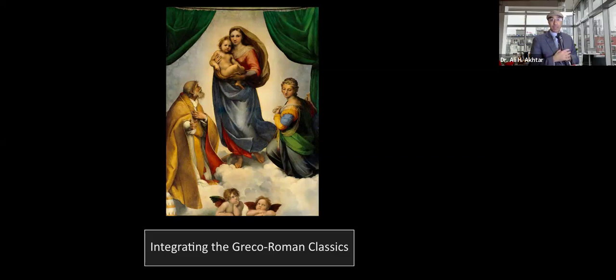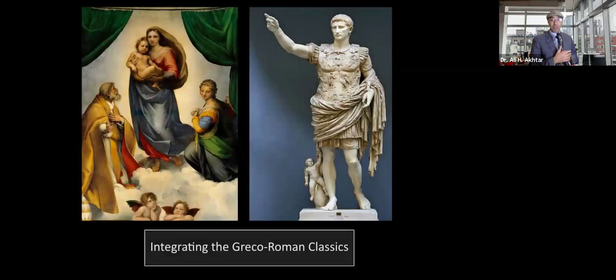And this is the famous contrapposto pose, which evokes sculptures and statues of Caesar and other ancient figures. And it's supposed to capture the grace and elegance of the human form, particularly among people in positions of sacred or non-sacred leadership.